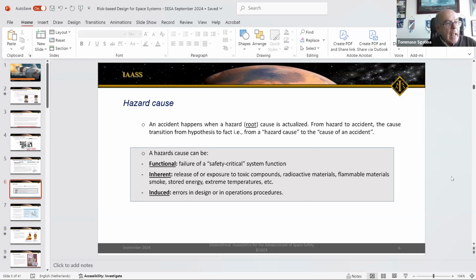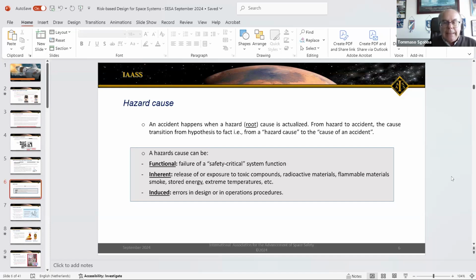Finally, there is a category of hazard causes, which are the induced causes. The induced causes are a very, let's say, strange cause, if you want, because it is about those causes which exist because people have not applied the necessary knowledge and skills into the design.